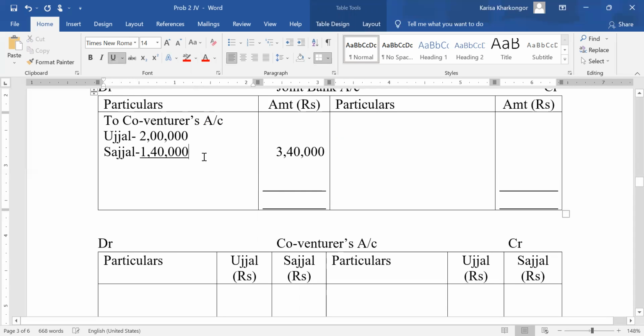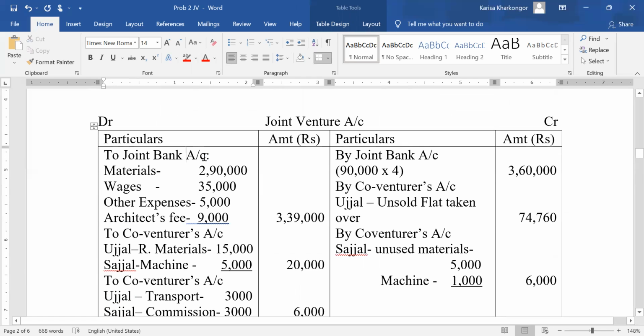So next, we have to debit the expenses paid out of the joint bank account. From your joint venture account, we can see an entry made to joint bank account for the expenses paid out of the joint bank account, which comes to 3,39,000.